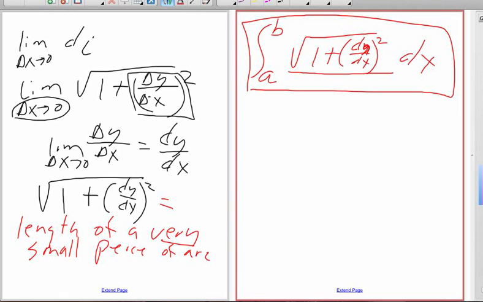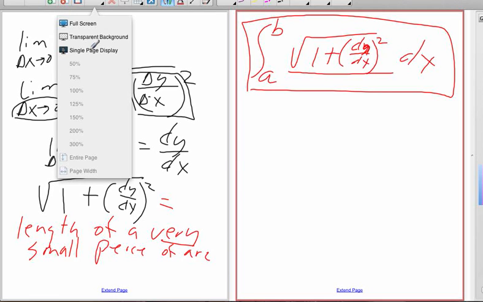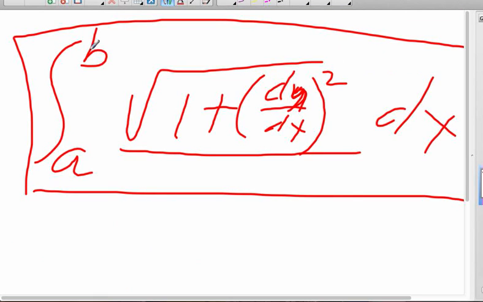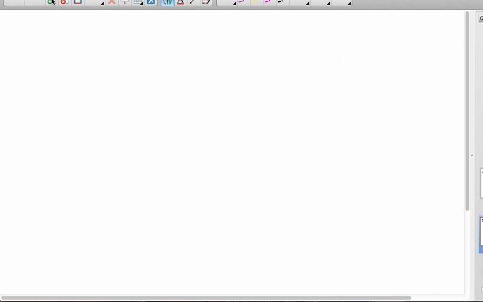So let's do a really easy and a really stupid example, but it serves to illustrate what we're doing with these things.